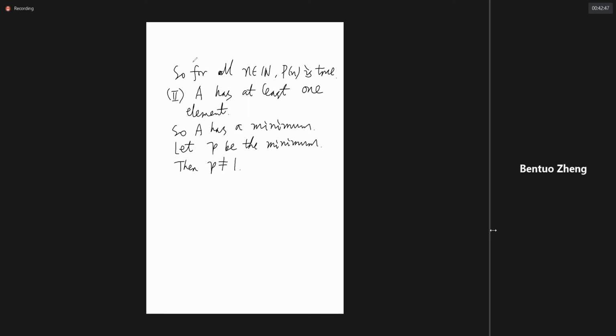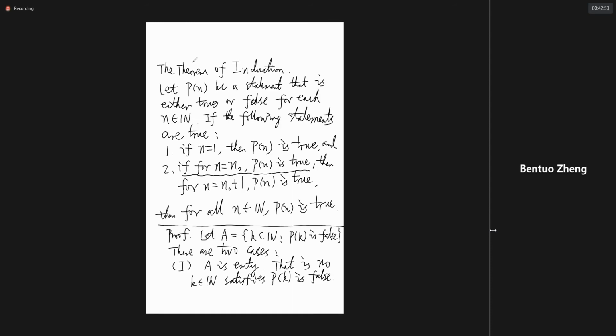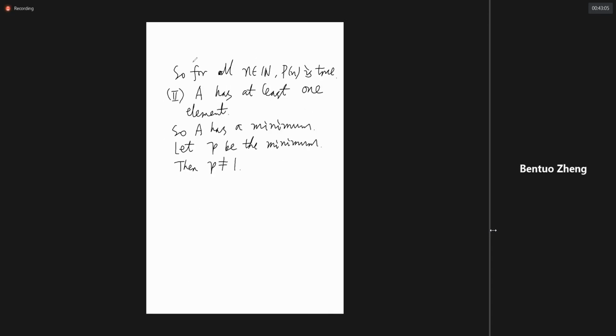So why is P not equal to 1? Because you look at this theorem. The first case, when n equals 1, the statement Pn is already true. So the initial case is true. But our P is a member of A, a set of natural numbers which fails the statement P. So that's why P is not equal to 1.